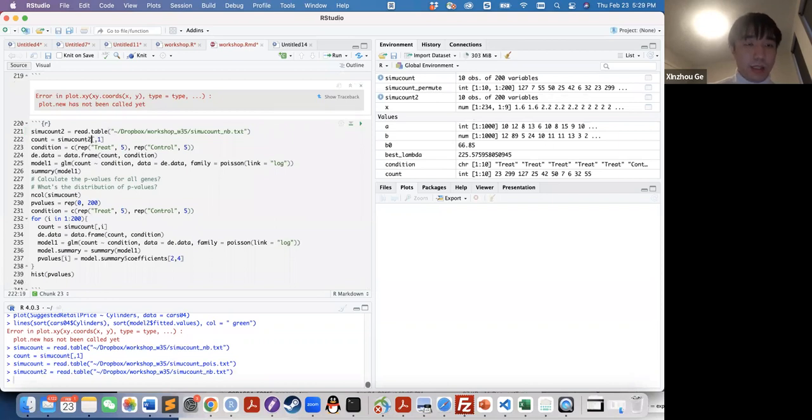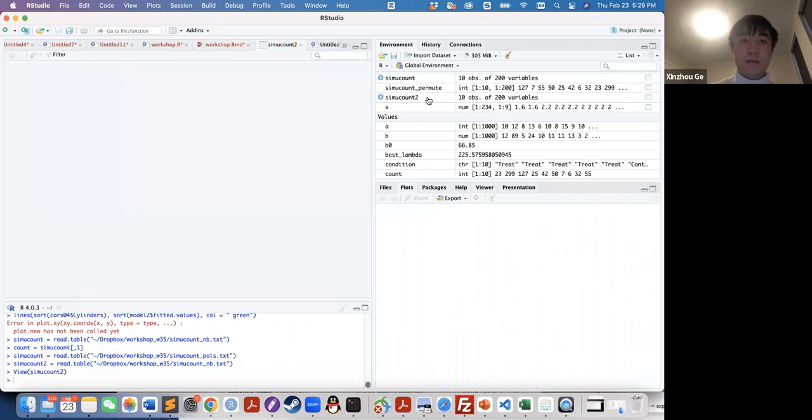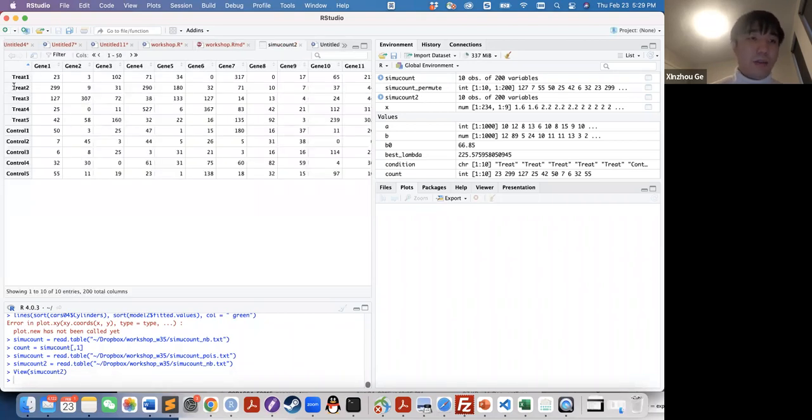If we look at this matrix, we can see that we still have 5 treatment samples and 5 control samples. And if we look at the numbers, we can see that for the first gene, we have some very large values. And this is because of the existence of overdispersion.